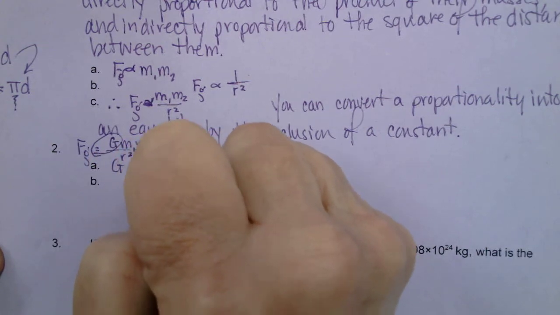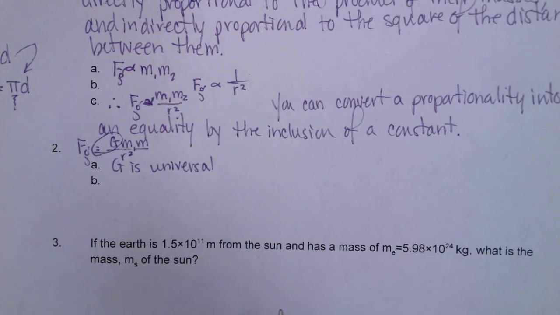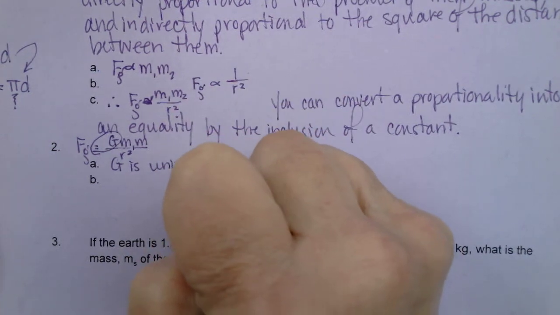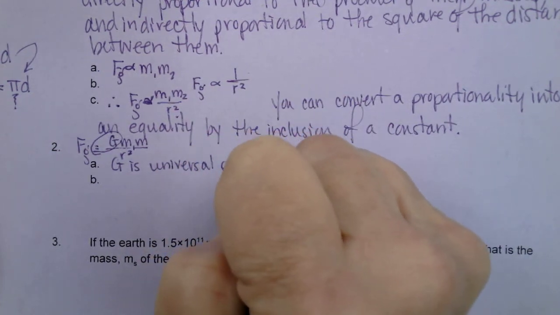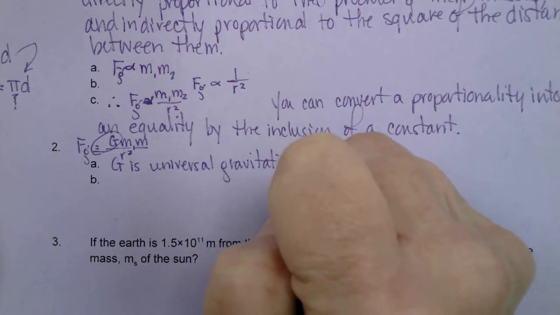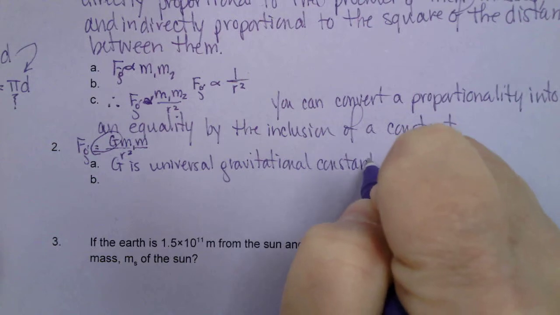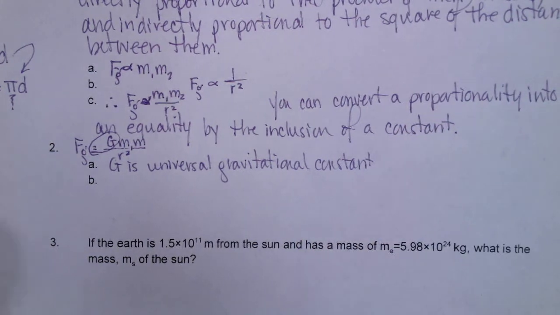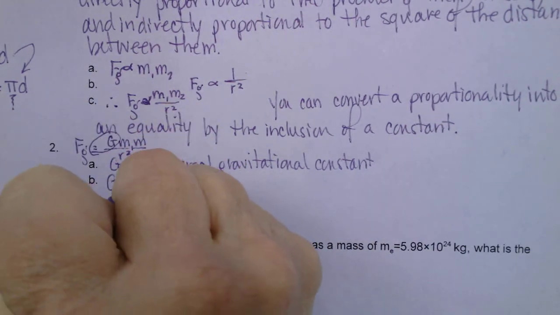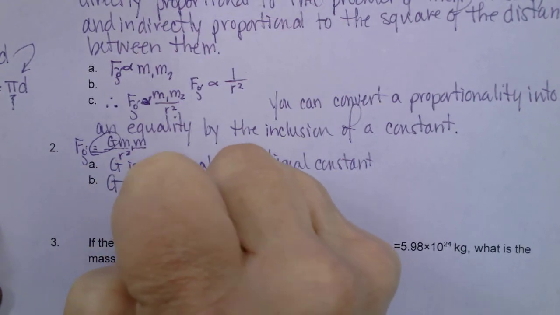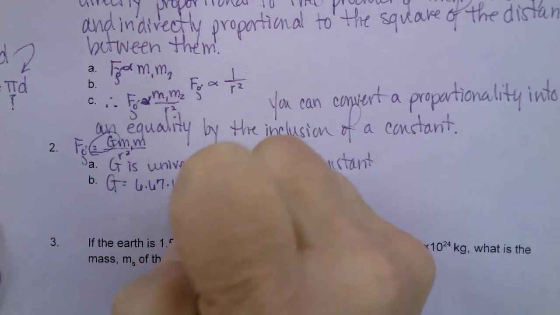And by universal, it truly is universal. This works everywhere in the universe. Universal gravitational constant. And as a number, G is equal to 6.67 times 10 to the negative 11.